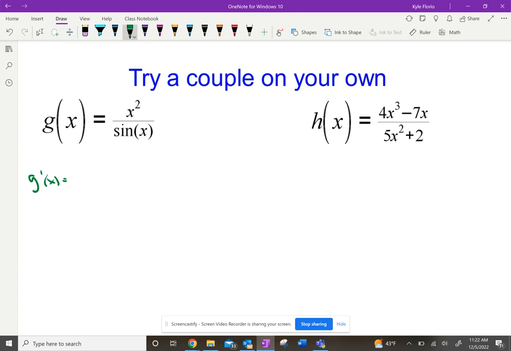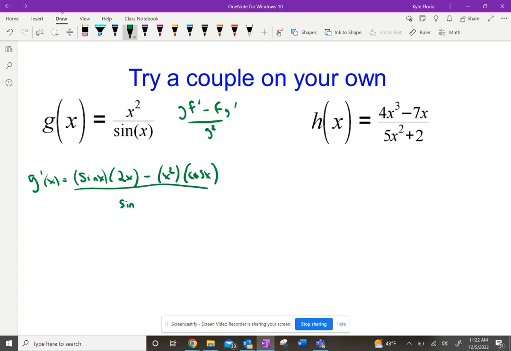All right. So to take the derivative of the function, we have a quotient. So it's going to be low d high minus high d low over low low. So the bottom function is low. So low d high, the derivative of the top, minus high d low, the derivative of sine of x, which is cosine of x, all over low low, which is sine of x squared.